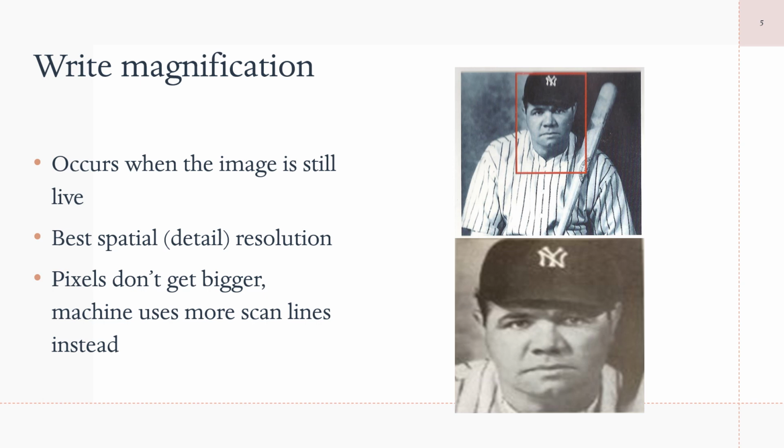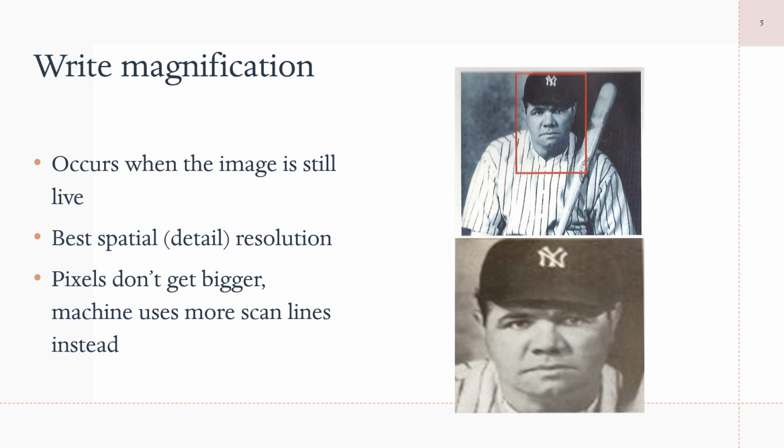Write magnification occurs when the image is still live. So basically, this is before we have frozen the image and saved it. We are live scanning, moving our transducer around. With write magnification, this is where we zoom in on a specific area or an area of interest.